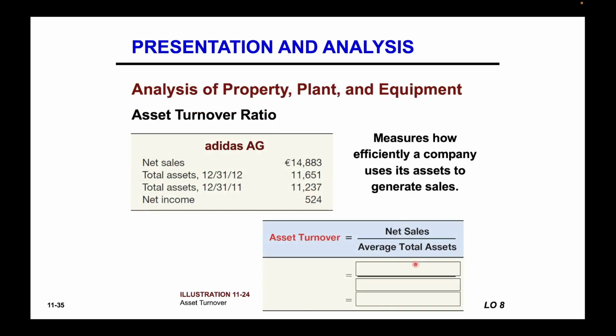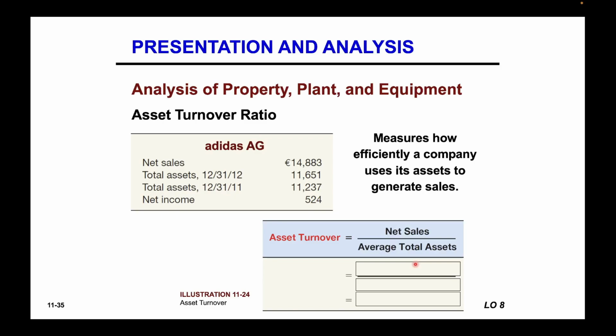Let's finish by looking at an important financial ratio used to analyze the efficiency of a company's use of assets: the asset turnover. This is the first ratio that we are going to cover. This ratio measures how effectively a company uses its assets to generate sales revenue.